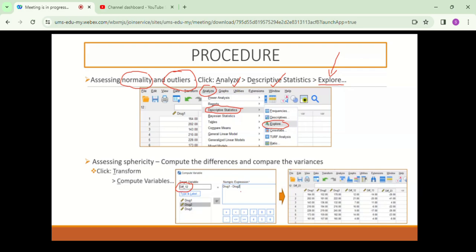So this is the expression. Then you click OK, and repeat again, this time between drug 2 and drug 3, and then between drug 1 and drug 3. That's why we end up with 3 measures of differences: difference between 1 and 2, between 1 and 3, and between 2 and 3.